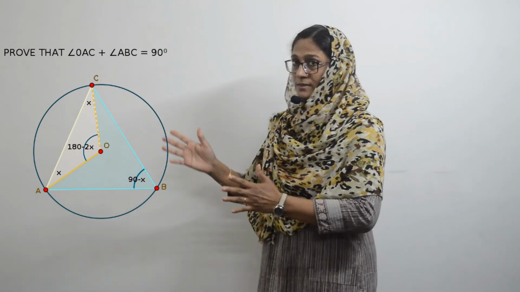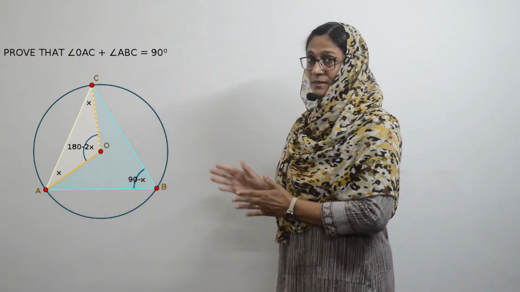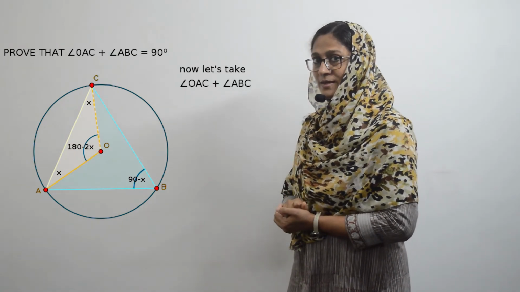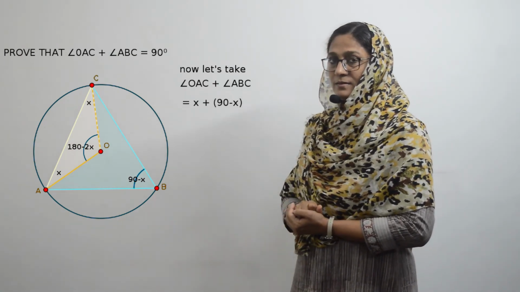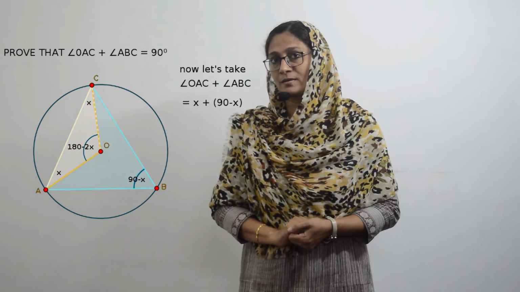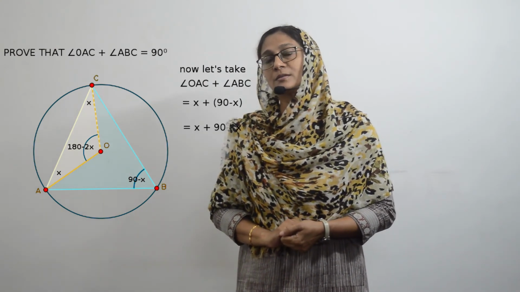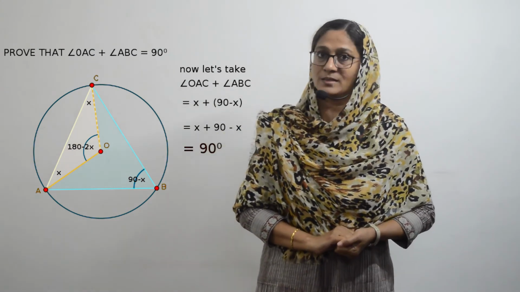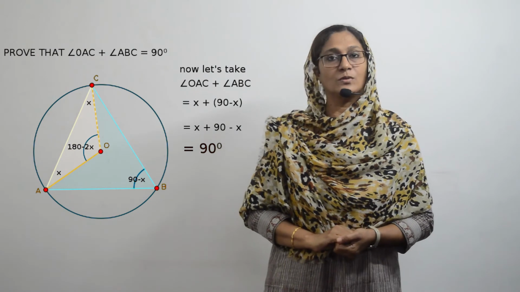Angle OAC plus angle ABC equals x plus 90 minus x. That means x and x can be cancelled off. Equal to 90 degrees. Thus we have proved that angle OAC plus angle ABC is equal to 90 degrees.